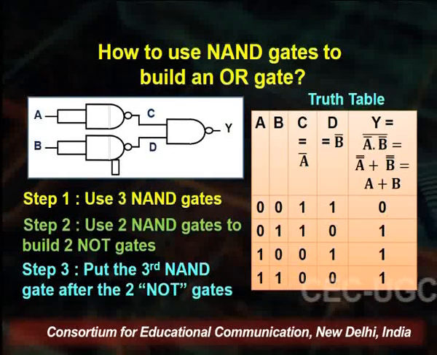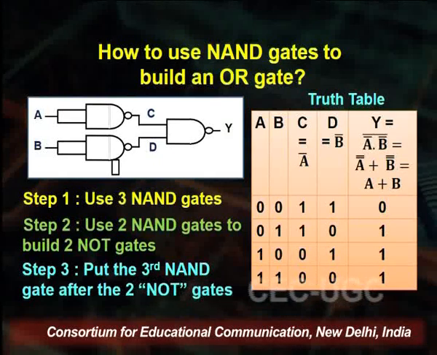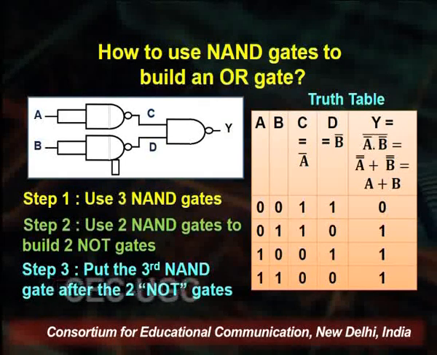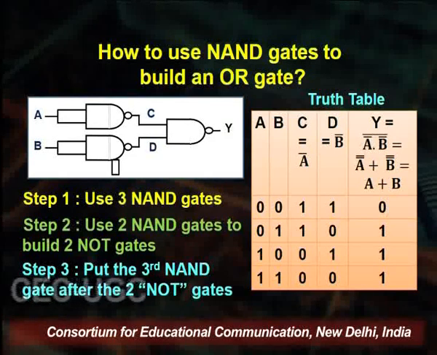So, for the inputs 1 and 0, we will see that the output of the NAND gate, which is Y, is equal to 1. The same thing happens when A is equal to 1 and B is equal to 0. It is just a complement of what we get in the previous state, and we have the final output as 1.